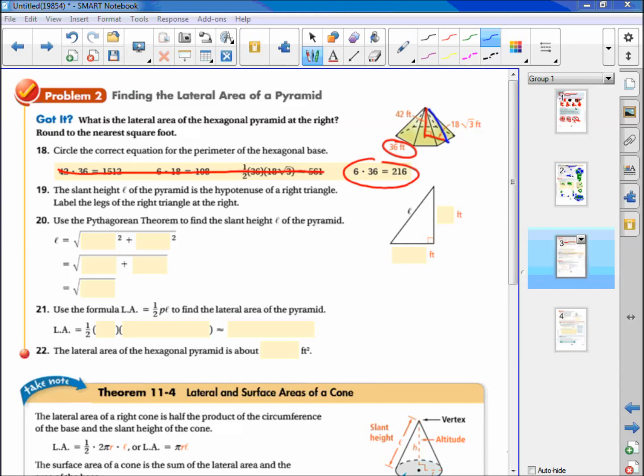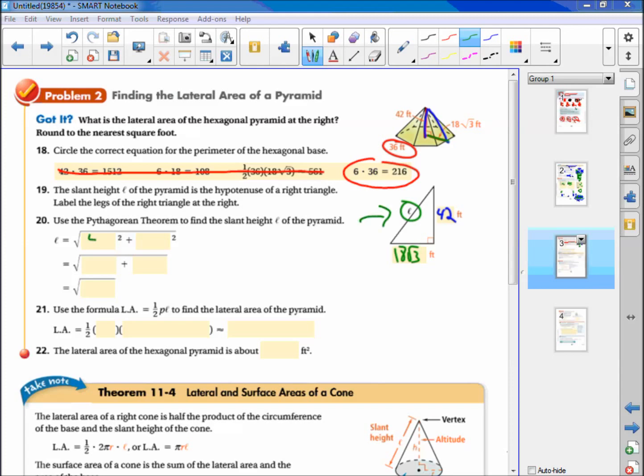All right, so we know that the height of the whole pyramid is 42. That's right here. And we know that this apothem in here is 18√3. And we want to find the slant height that goes with it. So we're going to use the Pythagorean theorem to find that missing slant height.